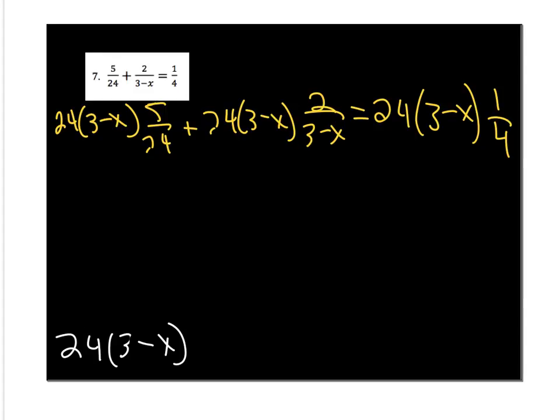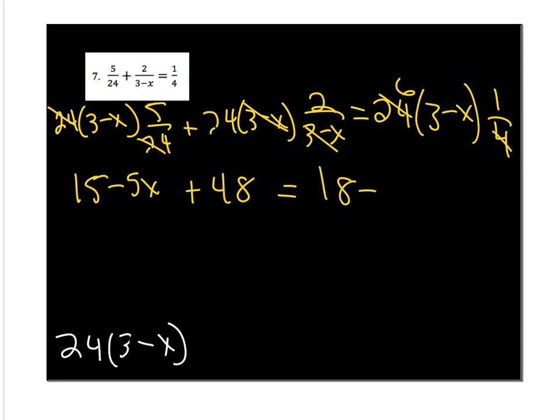So now, see what I can cancel out. So 24 cancels out. That will be 15 minus 5x. 3 minus x, 3 minus x cancels out. That'll be 48. Over here, 24 over 4 is 6. So this becomes 18 minus 6x.